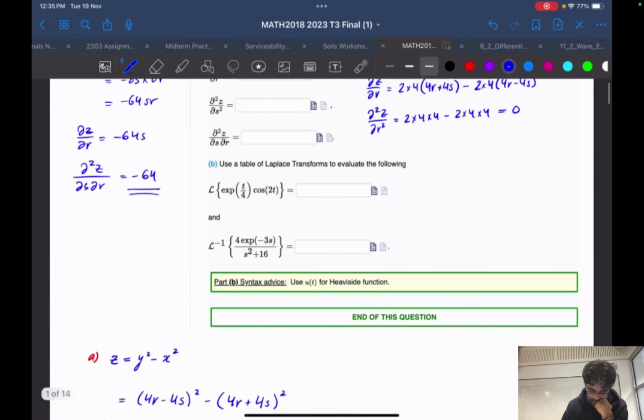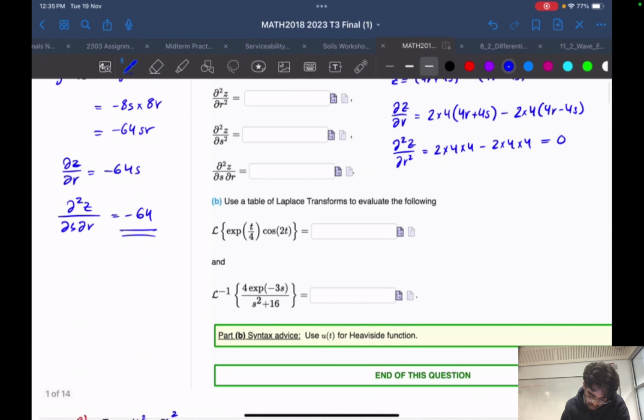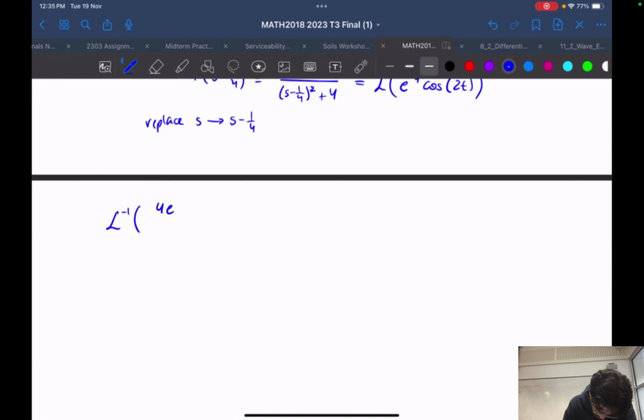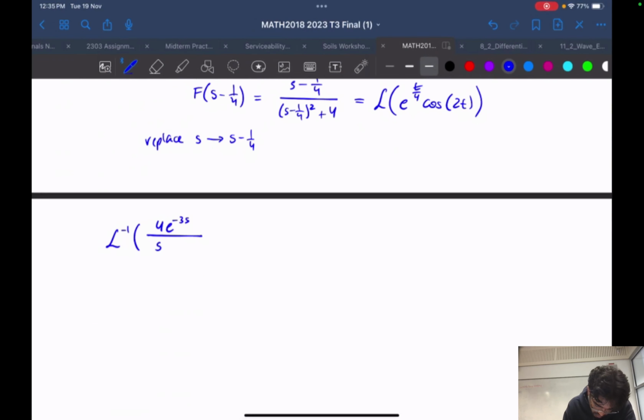Second question, the inverse Laplace transform. Okay, so we're trying to find the inverse Laplace transform of 4e to the power of minus 3s divided by s squared plus 16. First of all, my first thought is to kind of break it up.